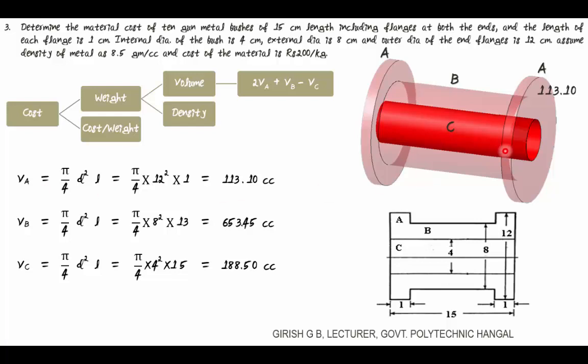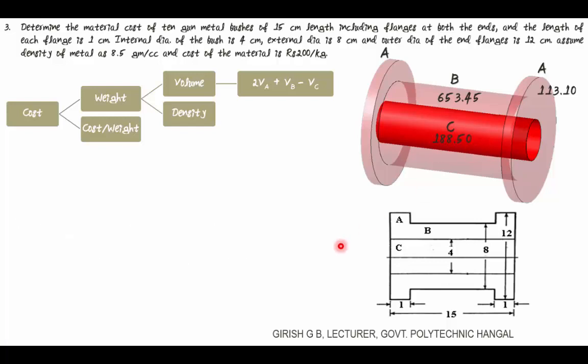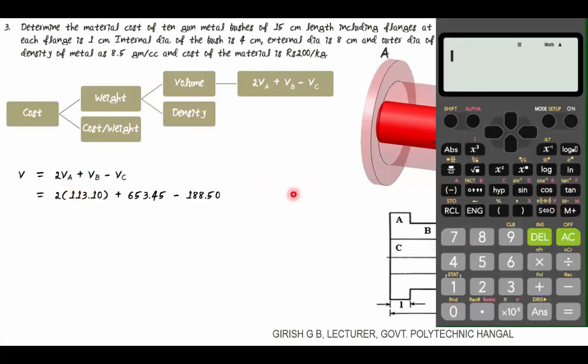In the next step we are going to determine the total volume. We obtained VA as 113.10, this is also VA. Then we obtained VB as 653.45, and VC as 188.50 cc. The total volume is 2VA plus VB minus VC. Substituting the values, 2 into 113.10 plus 653.45 minus 188.50. We have stored VA as A, VB as B and VC as C in the calculator.